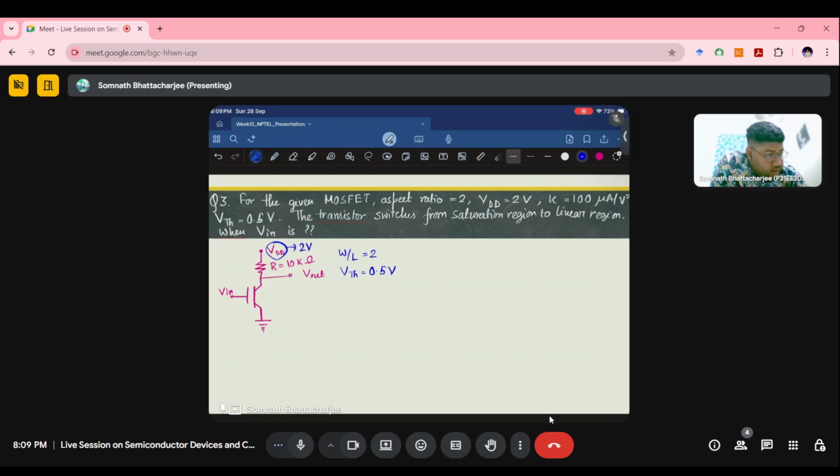Okay, and apart from that they haven't given anything, so we need to find the V in value at which the transistor switches from the saturation to the linear region.